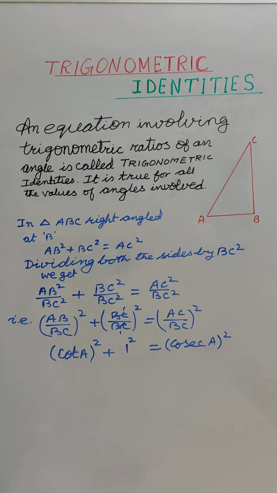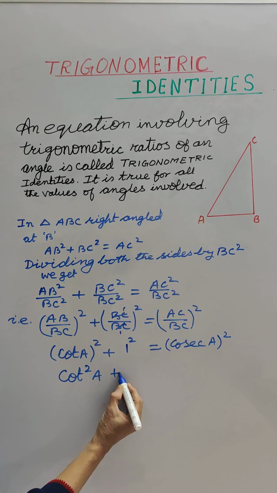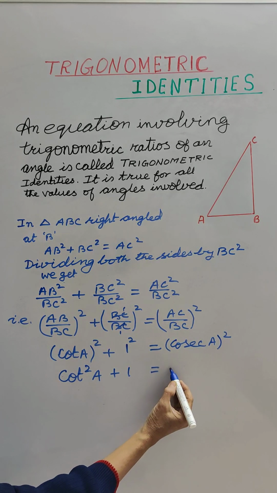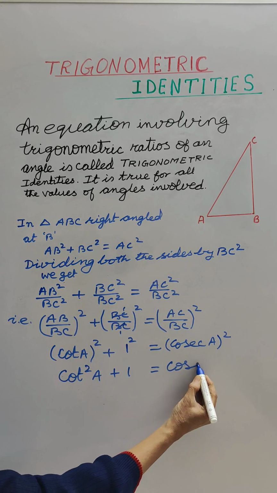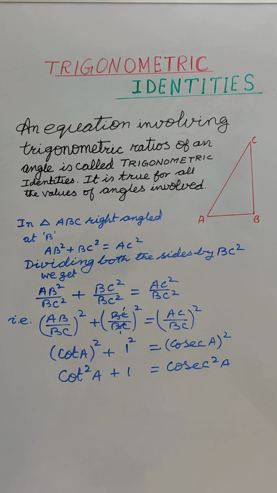This way we have got the third equation or third identity: cot square A plus 1 is equal to cosec square A. We note that cosec A and cot A are not defined for A equal to 0 degree.